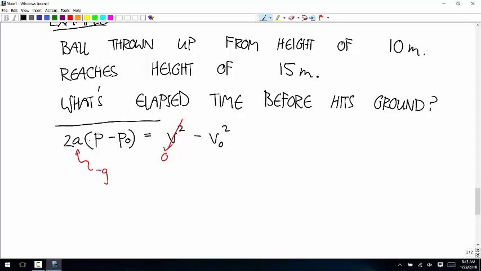So we have negative 2g times the quantity 15 minus 10, so 5, is equal to negative v0 squared. We're doing all this just to figure out what v0 is, because once we have that, we can use one of the other equations to solve for t. So v0 is equal to the square root of 10g.